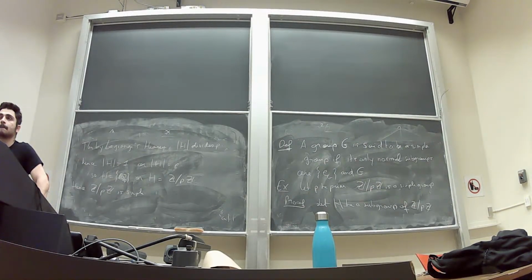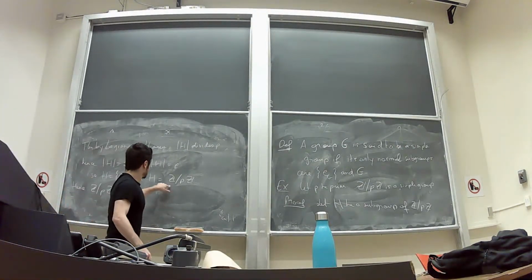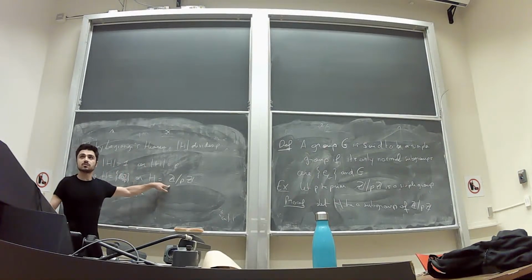H is contained in G, and you know that for all elements g of G, gH equals Hg. Yeah, I mean, H is a normal subgroup of itself.